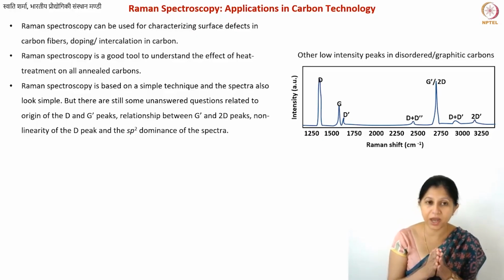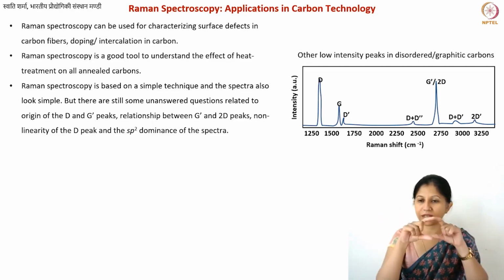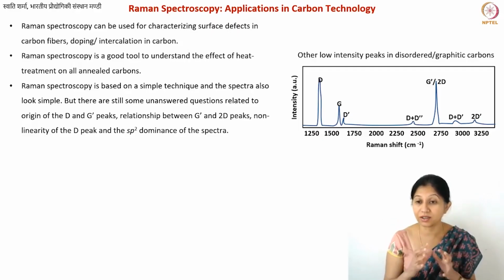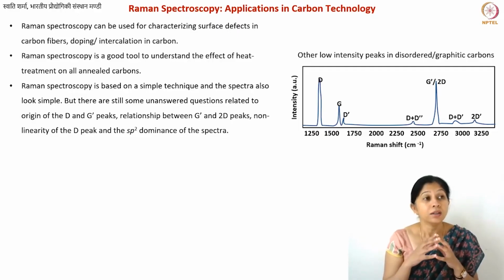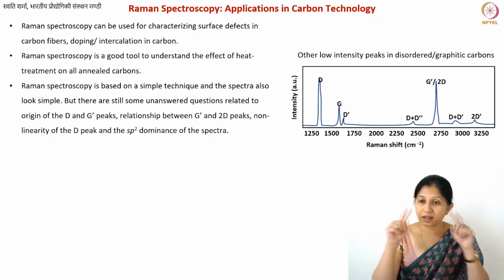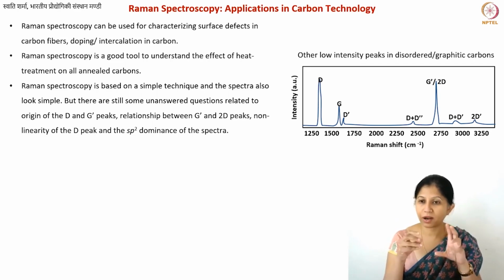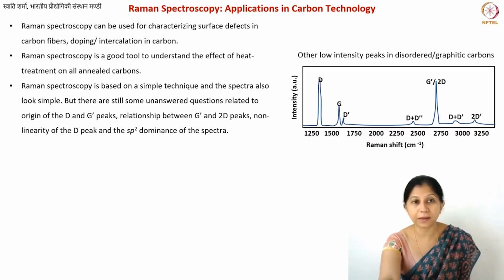But with Raman spectroscopy, it is only, let's say, 1 micrometer of your top surface, sometimes even less than 1 micrometer, that is analyzed. So that is also something you need to remember. In that case, you can differentiate between surface and core defects of carbon fiber. That is why industrially it is used for this purpose as well. Okay.